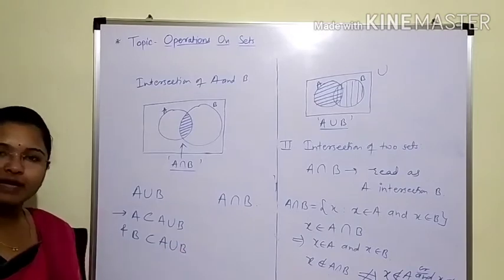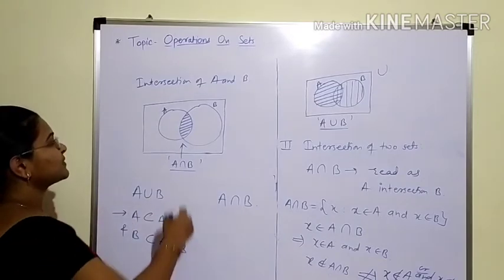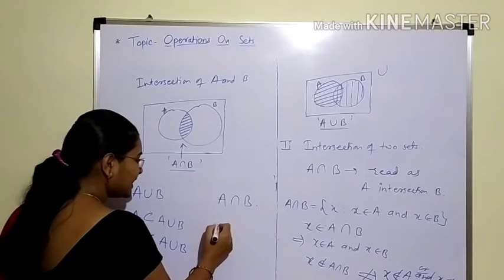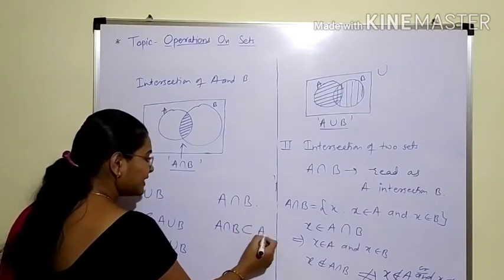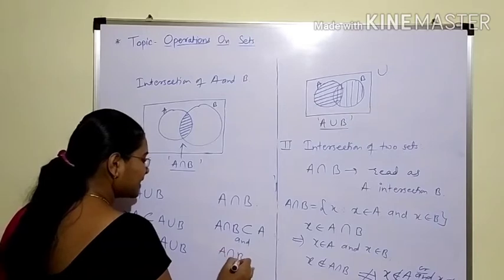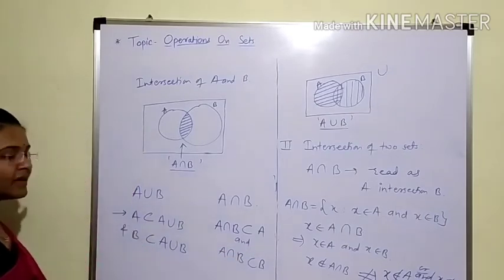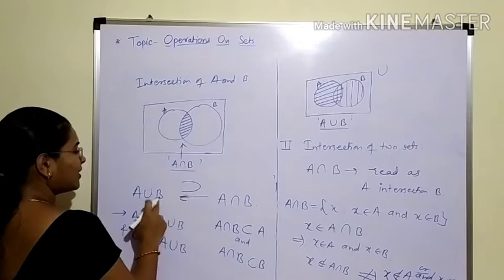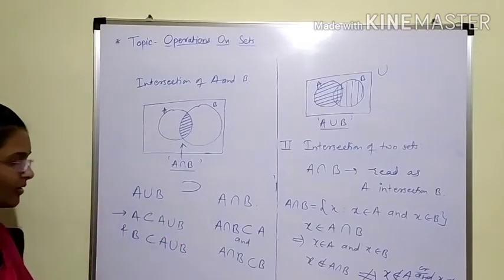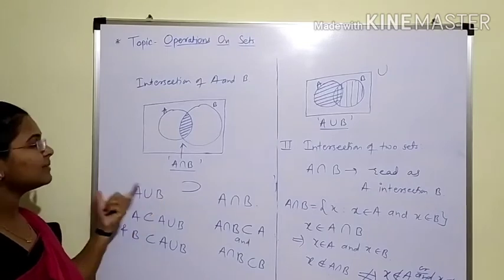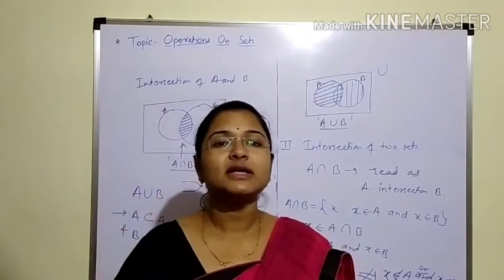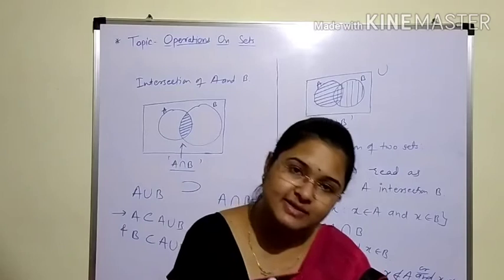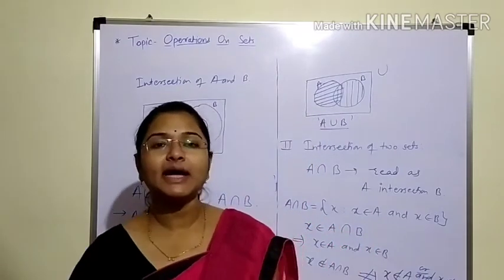Understood? But in A intersection B, this intersection part is there in both sets A and B. So A intersection B is a subset of A and A intersection B is a subset of B. Or we can say that A intersection B is a subset of A union B. Because A union B is the biggest set, including both sets A and B, and A intersection B is the smallest set, included in both A and B. Understood?